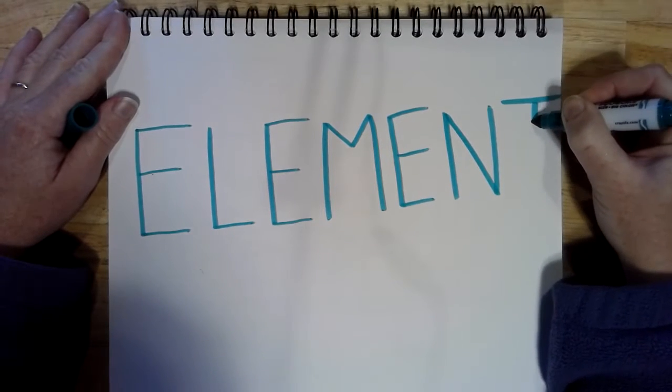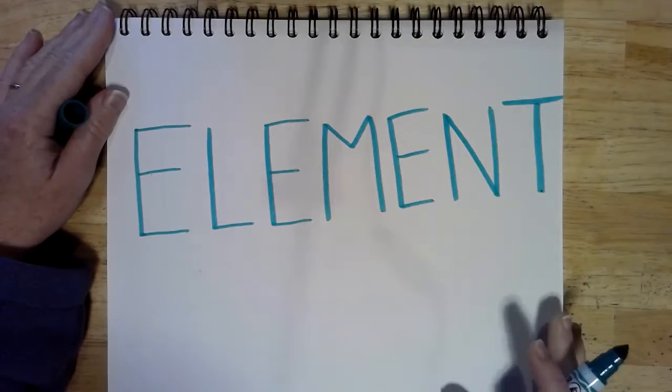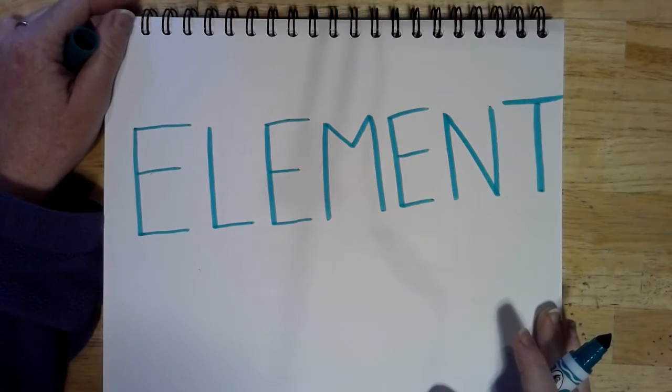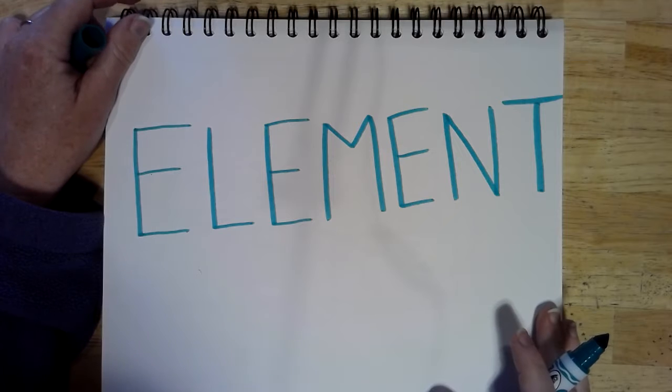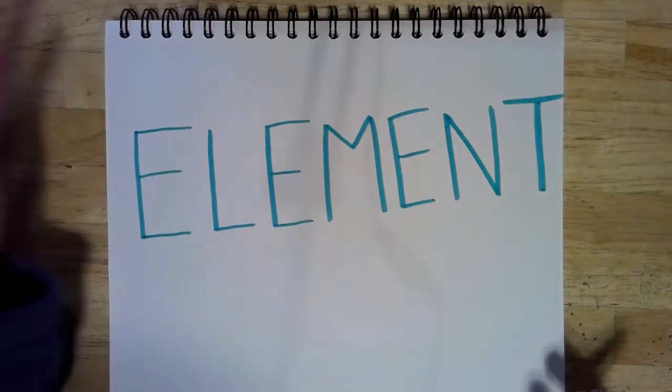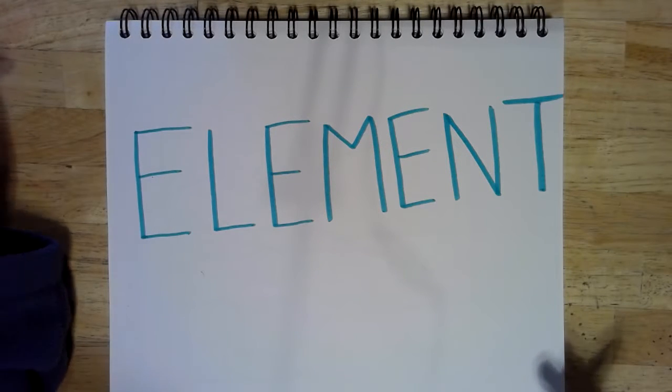Actually, I'll go off the page. That's fine. All right, E-N-T, E-L-E-M-E-N-T, element. All right, so those are nice normal letters, but we're going to turn them into bubble letters.